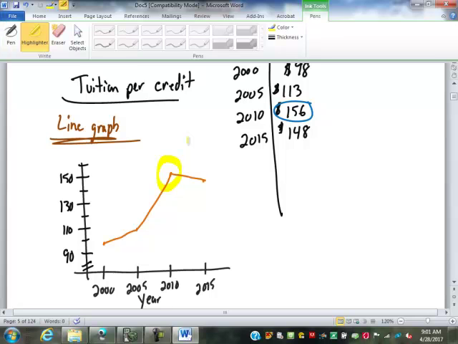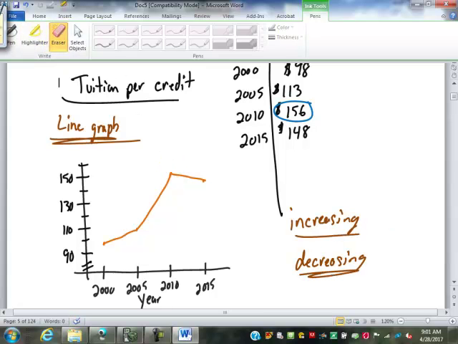But what a line graph is really best for, what it's intended for, is to show when it is increasing or decreasing. Well, here we can see that tuition was increasing.